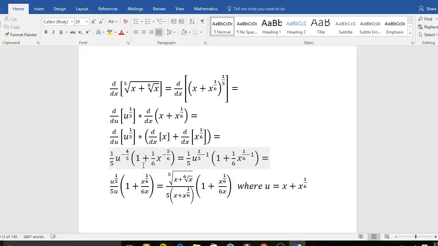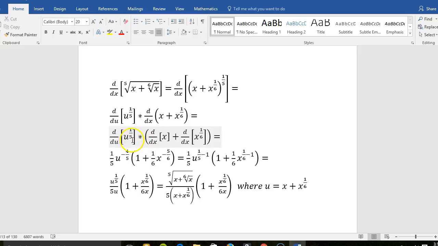Whew, okay. But here's the thing. U to the negative 4/5 is not going to be that well behaved. I take the liberty to do some algebra that you may find heavy going.